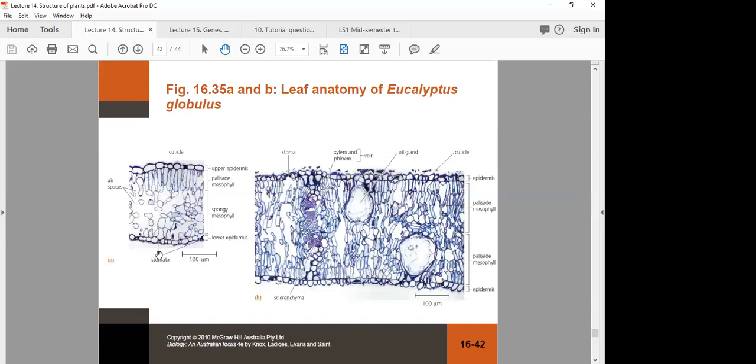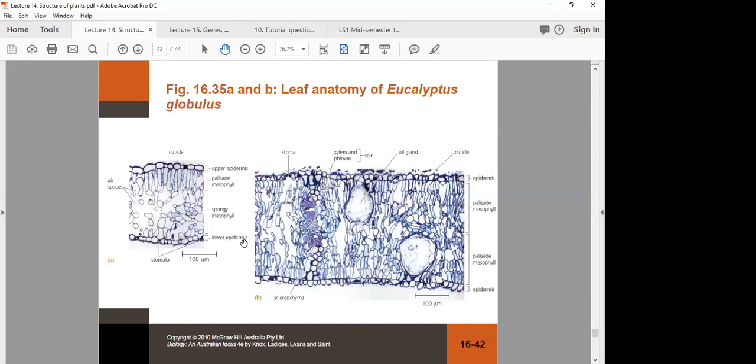This is where carbon dioxide will diffuse into these air spaces, and it diffuses along a concentration gradient. From there, carbon dioxide follows another concentration gradient from these air spaces into the cytosol of these photosynthetic mesophyll cells to enable photosynthesis to take place.